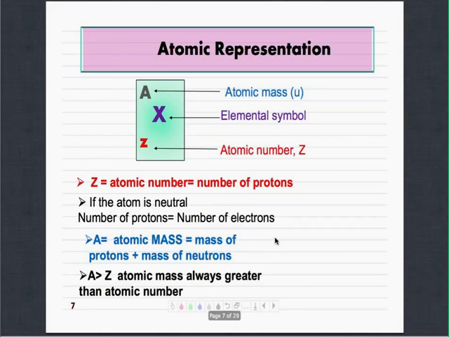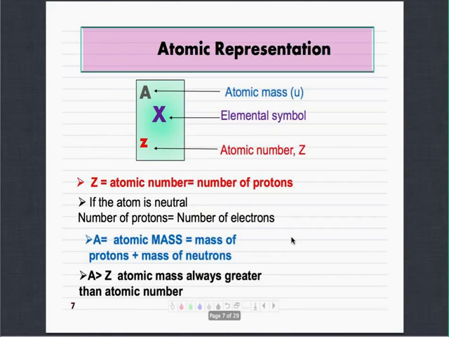Remember that the mass of the proton equals 1.007 units, and the mass of the neutron is 1.009 units. So the mass of the proton is approximately 1, and the mass of the neutron is approximately 1. If I have 10 neutrons, their mass will be 10.00 something units, and 10 protons, approximately 10. This is why in high school they teach that A equals the number of neutrons plus protons, which is approximately a valid assumption.